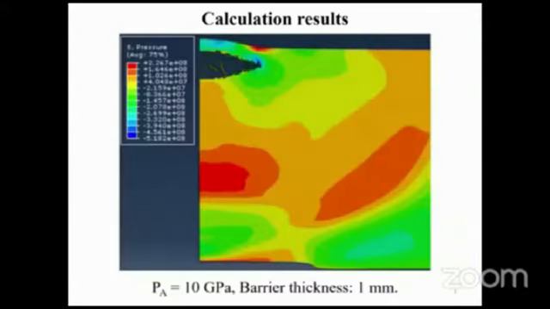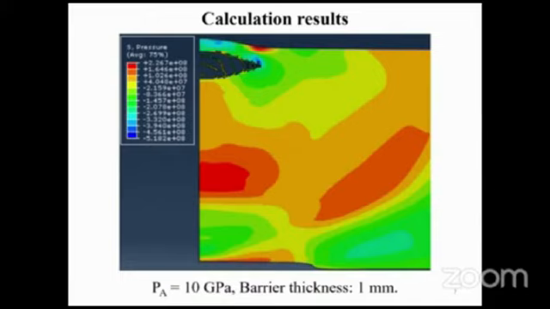The calculation for a pressure amplitude of 10 GPa and barrier thickness of 1 millimeter is shown on this slide. The pressure distribution field is shown in the figure. It can be seen that signs of spall fracture are observed inside the specimen. However, macroscopically, it remains intact.